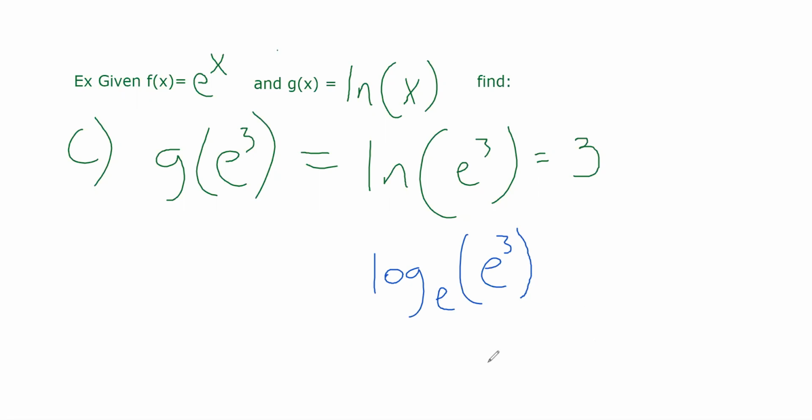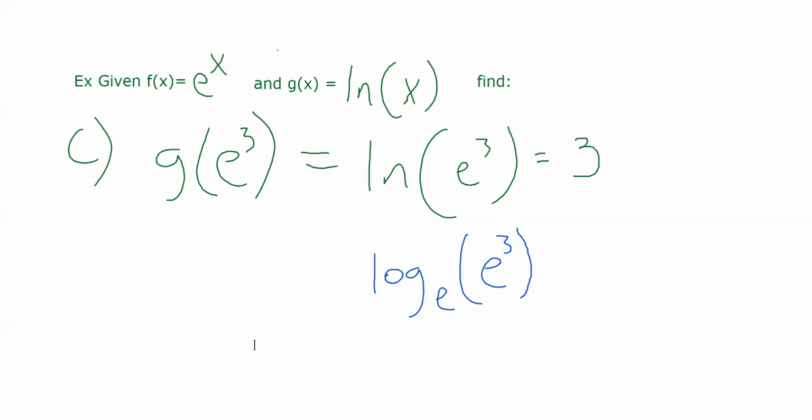And now remember, think about what a logarithm is doing. You're saying e to what power gives me e to the third power? Well, obviously it's got to be 3. 3 has to be the power so that you get e cubed.